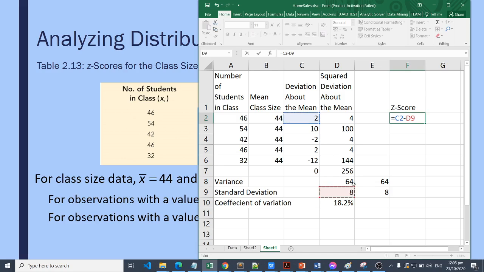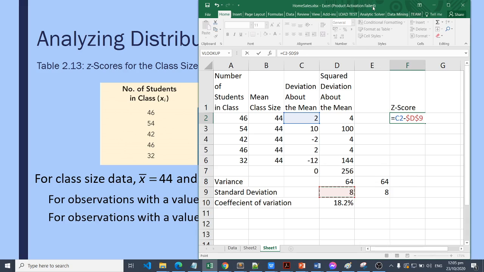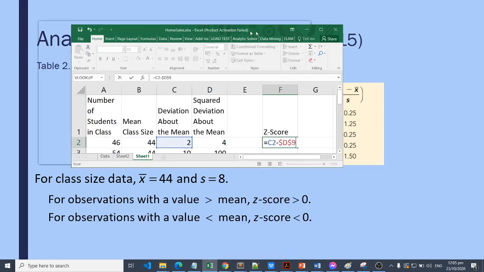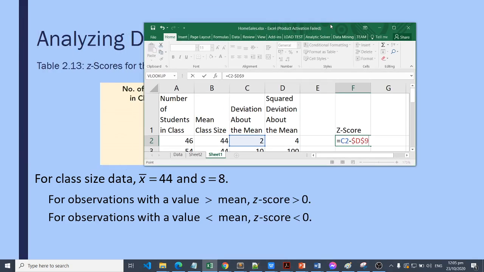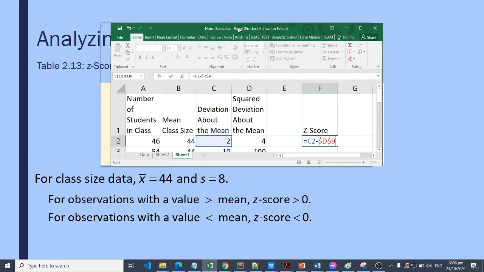We have to stick this one on this cell, so apply absolute reference. The observation to get the z-score is the observation minus the mean divided by the standard deviation.